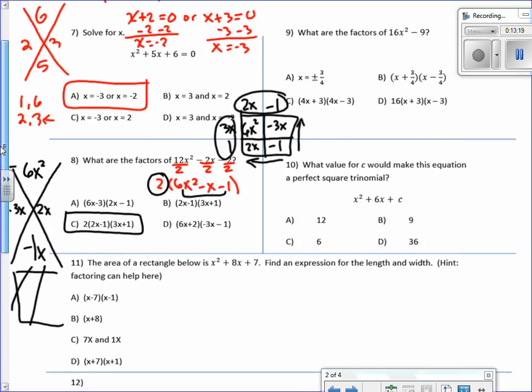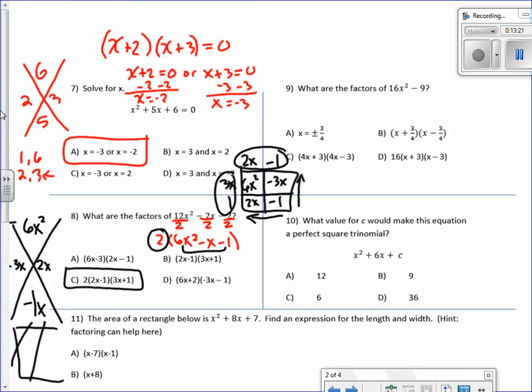All right, let's go up to do number 9. What are the factors of 16x squared minus 9? Well, this is a case of difference of squares. With the difference of squares, 16x squared is a perfect square, and 9 is a perfect square. Don't worry about that negative sign. That's where the term difference comes from. So what we're going to do is take the square roots of each of those numbers.